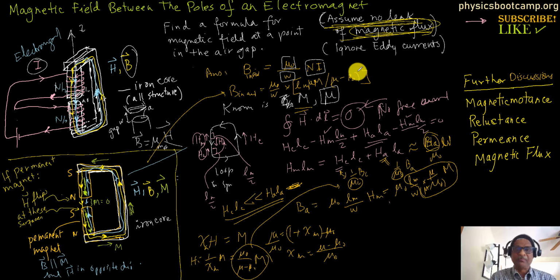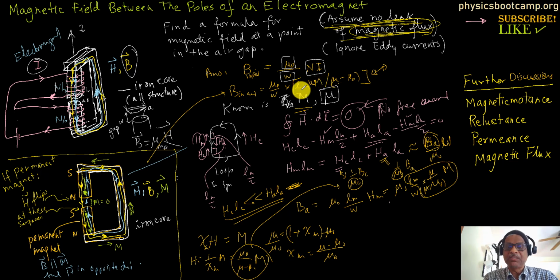So there it is. If you look at it, this probably is a number of turns. So this dimension would be the dimension of current. Of course, mu has no dimension, so the dimension goes away.